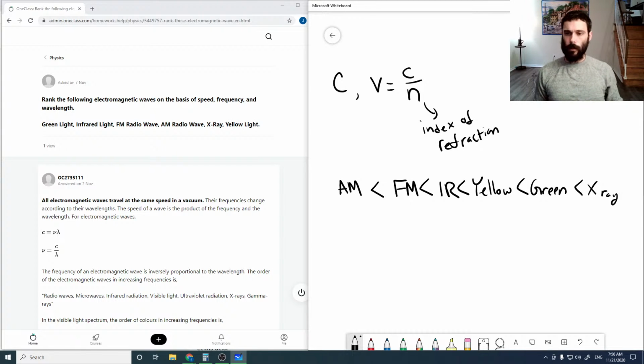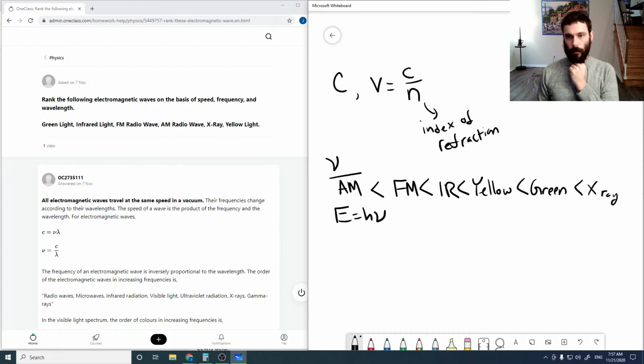So in terms of frequency, the ordering would be like this, right? So AM is our lowest frequency, followed by FM, followed by IR. Yellow is lower frequency than green, and X-ray is way up at the top. Recall that energy is h nu, so it's proportional to frequency. So this ordering also follows what you'd expect from the energy.